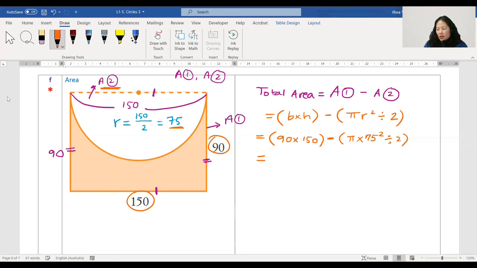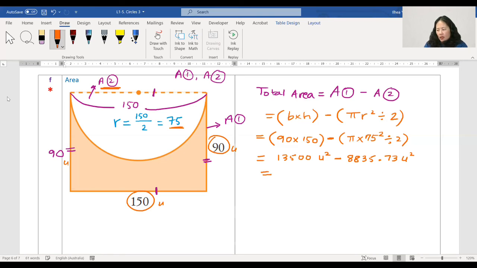So if I do that, I will get 13,500 units squared because it all has units. It doesn't have a normal measurement. Okay, minus the semicircle part, which is 8,835.73 units squared.